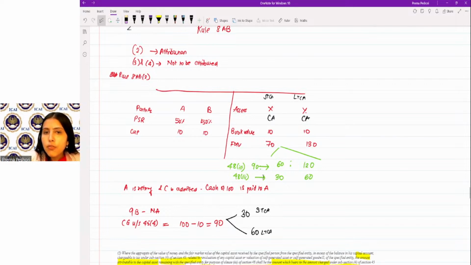To the extent of X, it will be short term if X is short term, and if Y is long term, to the extent of Y it will be long term. So the attribution will determine your short-term and long-term capital asset.